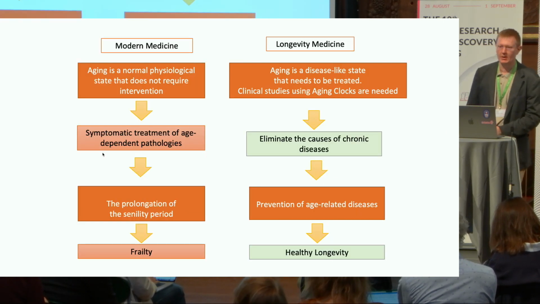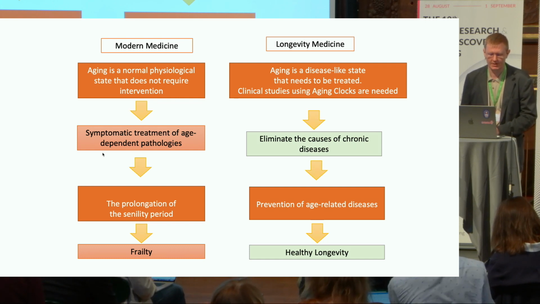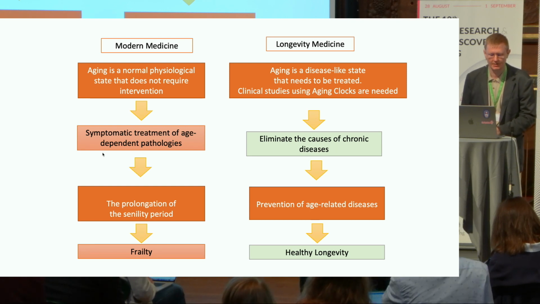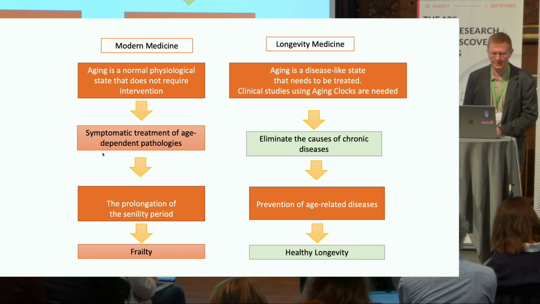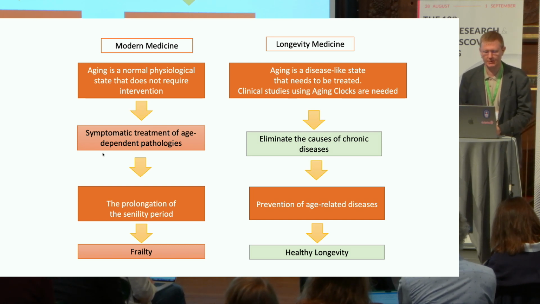As a conclusion, I hope that modern medicine, which proposes aging as a normal physiological state that does not require intervention and treats many aging-related diseases symptomatically, will shift into longevity medicine, where aging is a disease-like state that needs to be treated.